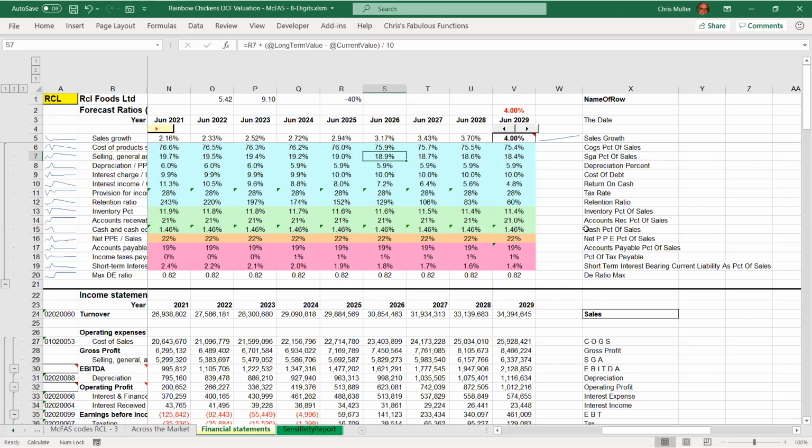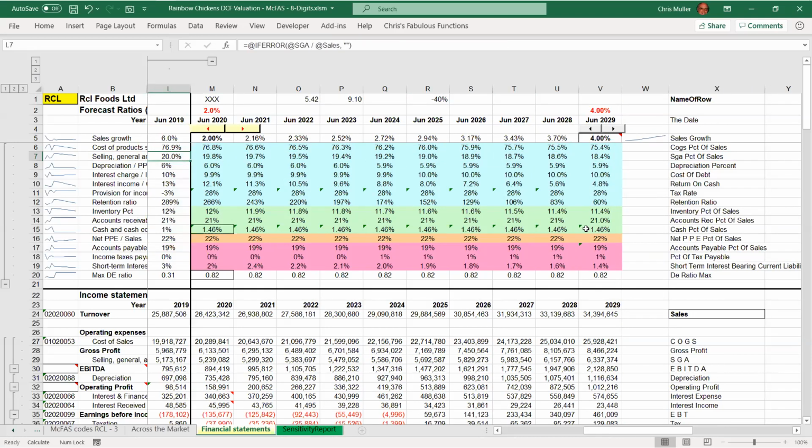Right, there's another part that we haven't spoken about, and that is the sales growth. Sales growth is a big deal. Okay, we're going to be growing our sales rate, our growth rate from a 2% level up to a 4% level. And the way that it gets between there, okay, is to grow exponentially. So I've got an exponential growth formula.